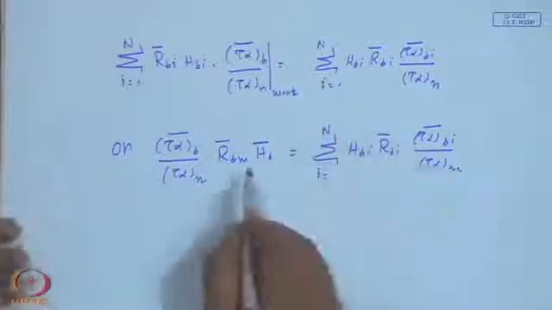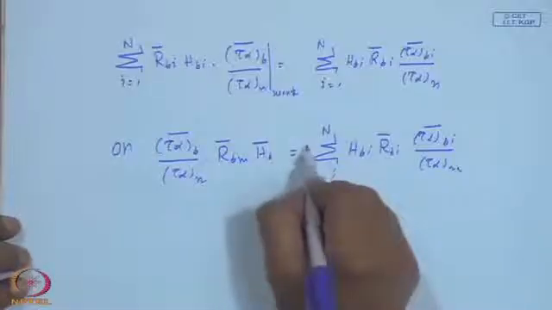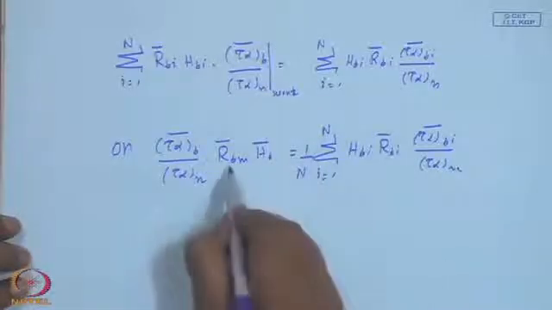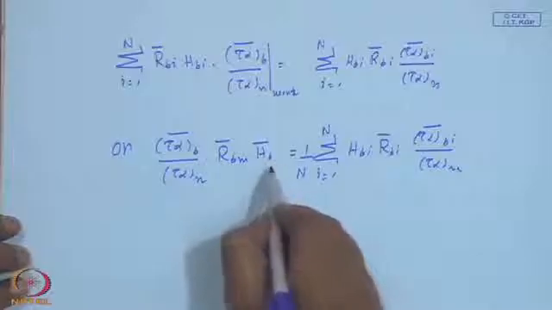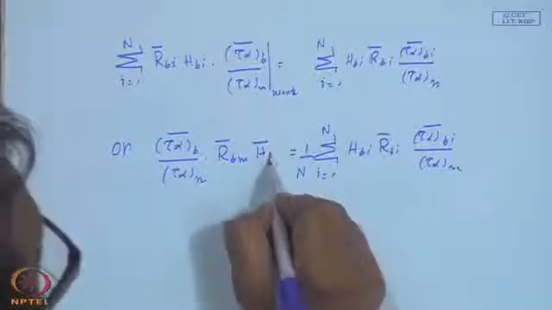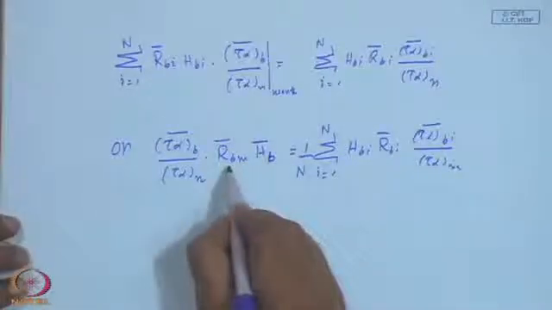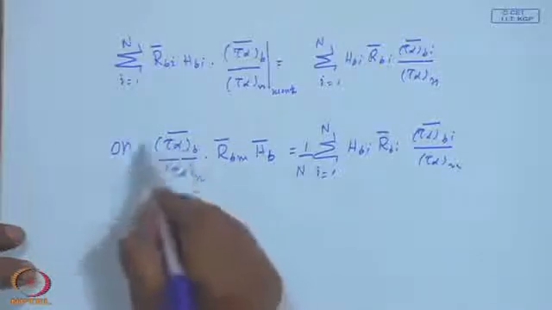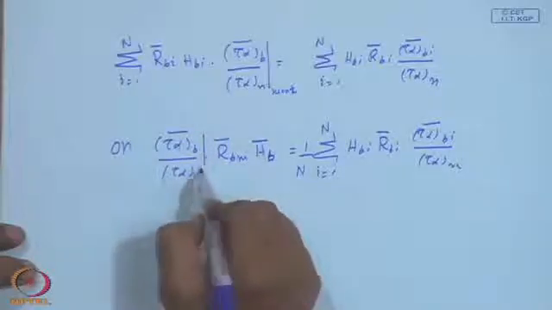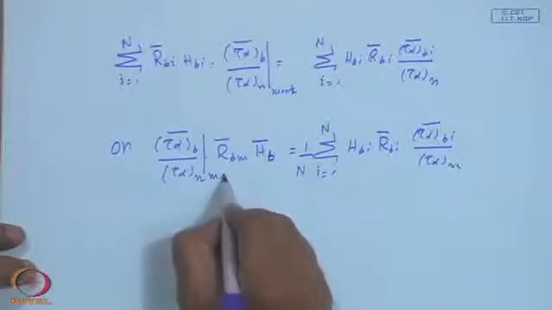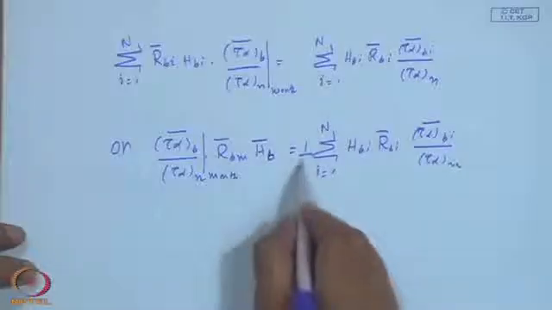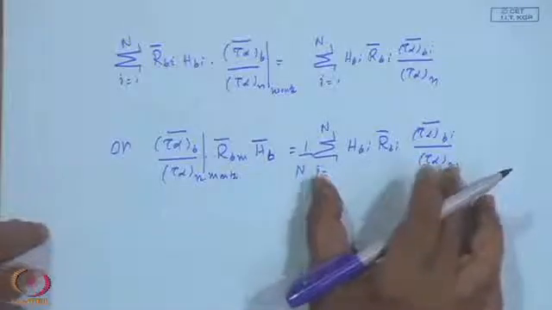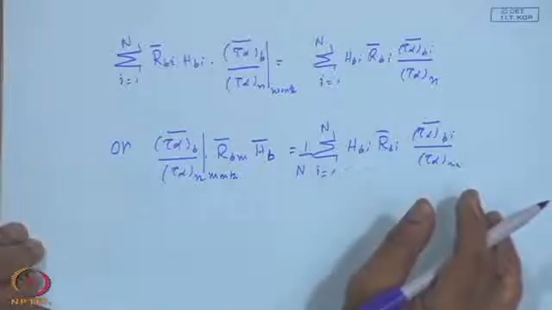Simply this means if I have the monthly average daily radiation direct and the corresponding tilted factor r b bar m, that multiplied by the effective transmittance absorptance product for the month should be equal to the average of the summation of all the 30 or 31 days over the month.